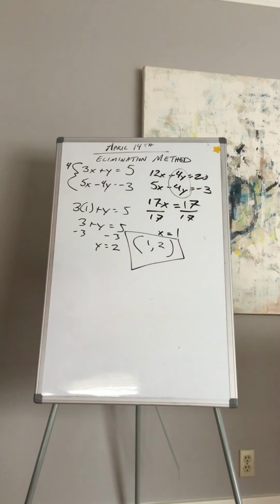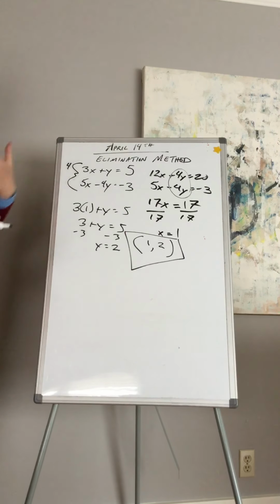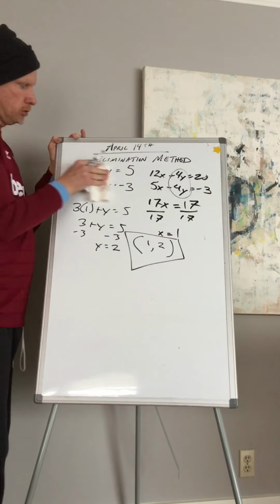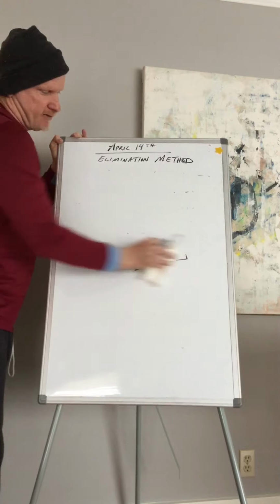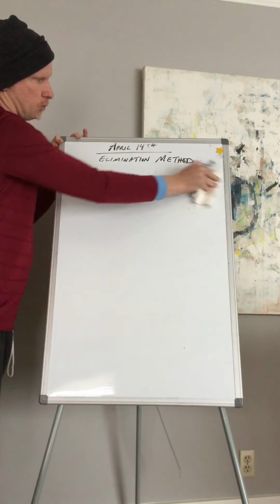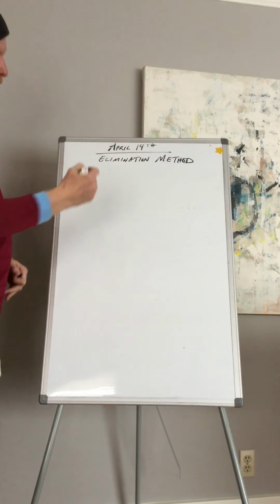Okay, once again, the key is multiplying it by something that will allow us to eliminate it, or when we add it, it makes 0. Most kids, and I find this the easiest one to do, it's less work, if you could visually see what to multiply by. We'll do another one here.